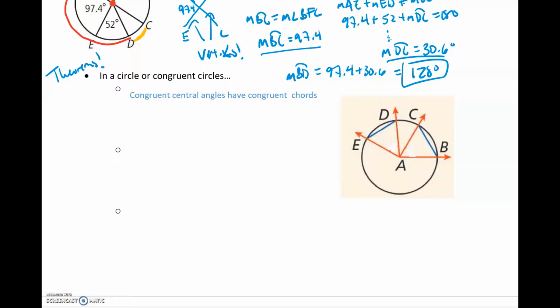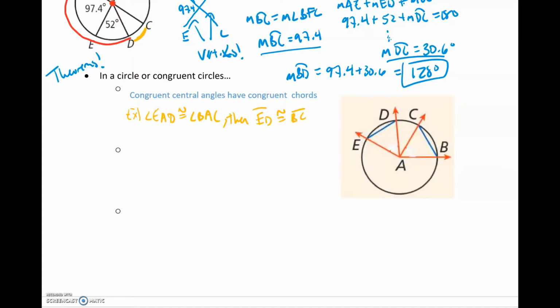So for example here, if we know that the central angles, angle EAD is congruent to angle BAC, then their chords are congruent. So ED, which subtends or connects the two legs of angle EAD, is going to be congruent to BC. Congruent central angles have congruent chords.